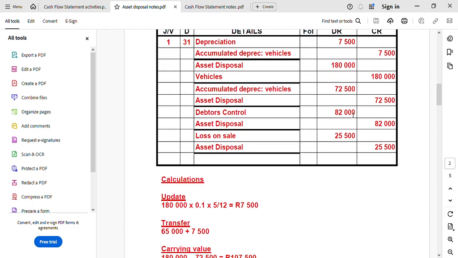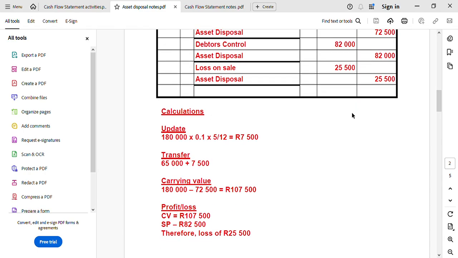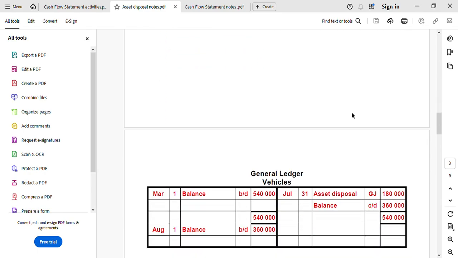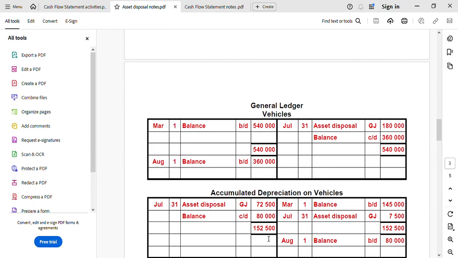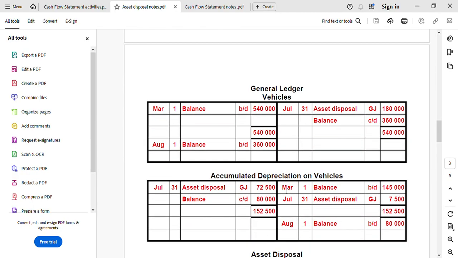The next thing to do is obviously post it to the ledger. I'm just going to go one ledger account at a time to explain it to you. There was the opening balance of all your vehicles. The asset disposal decreased our vehicles by 180,000, so the new balance is 360,000. Then accumulated depreciation is a minus plus account, so the balance at the beginning of the year comes on the credit side.